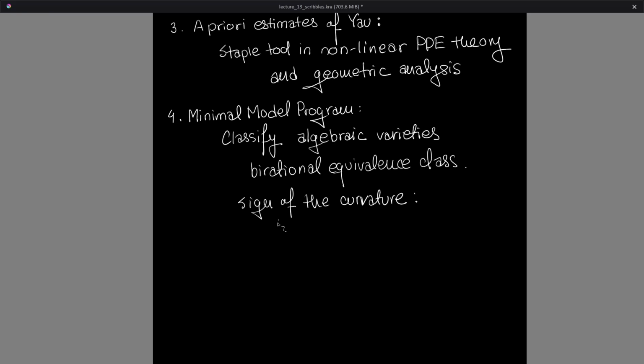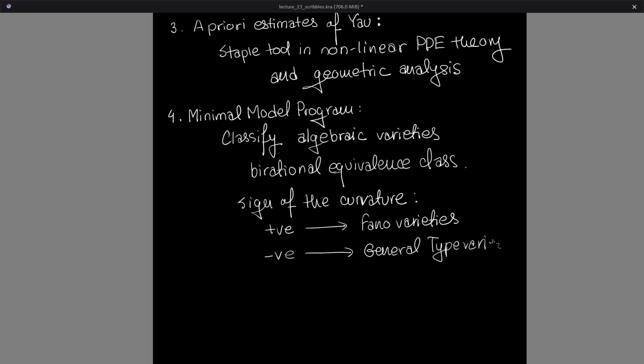And of course, so you could have positive curvature. So positive curvature, these are called Fano varieties. And negative curvature, so this one, the name isn't as neat. It's just called a general type varieties.